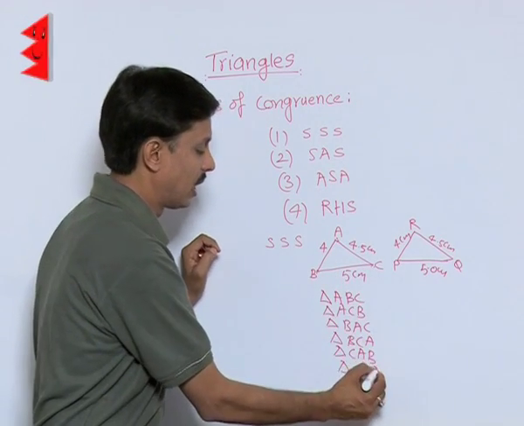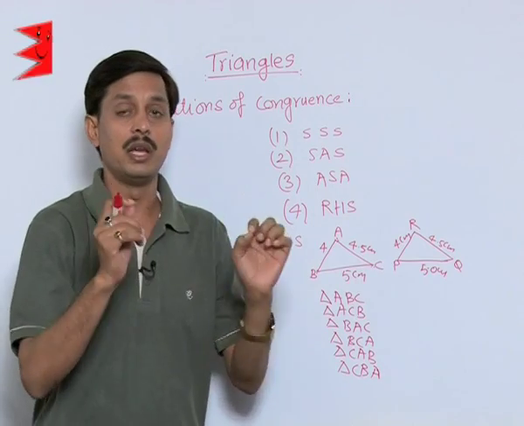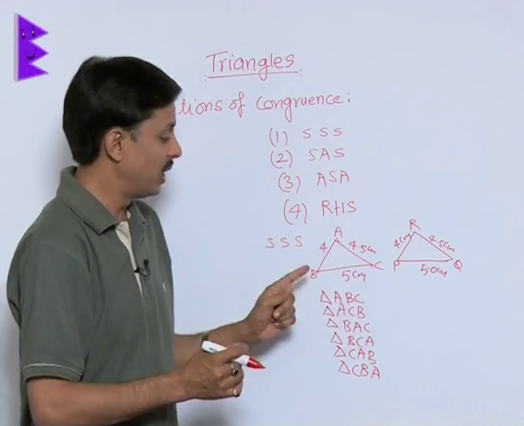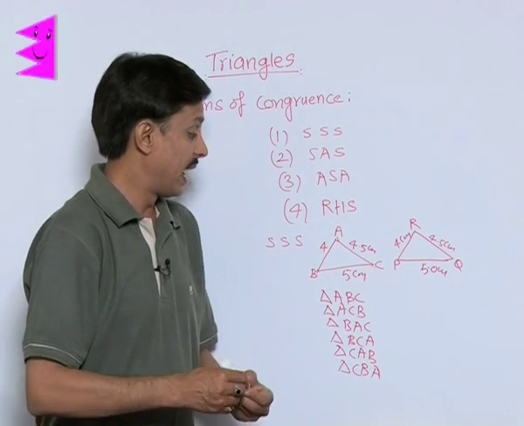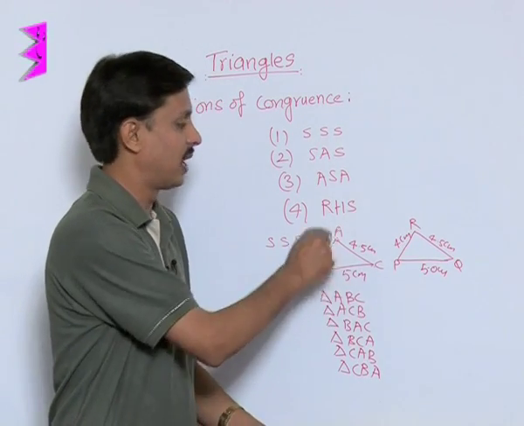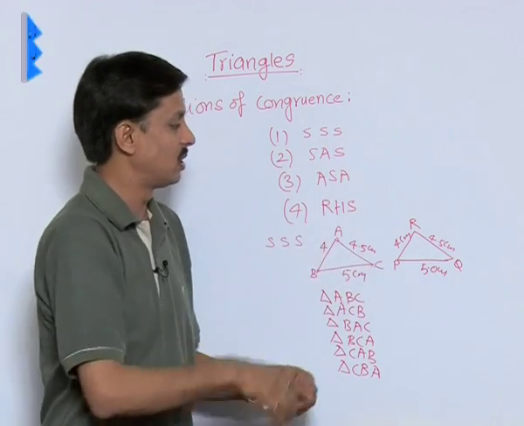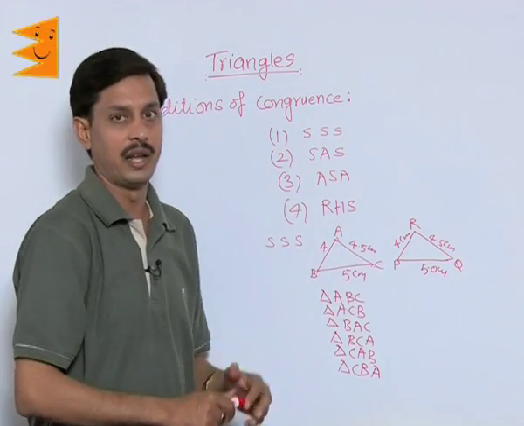So a triangle can be named in 6 ways. This triangle ABC has been named in 6 ways, and for each name of triangle ABC, a separate congruent name stands in the second triangle.